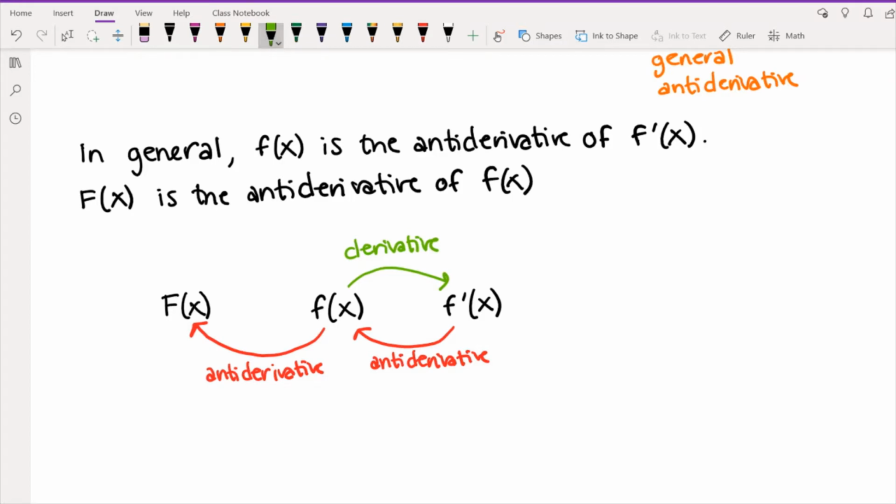And if you take the derivative of capital F of x, that's going to give you little f of x. This isn't super important. This is just the standard notation, but usually you'll be able to tell by context. Usually the question will say, find the antiderivative of this. And I don't really care that much what letter you use, but the standard is what's written here.